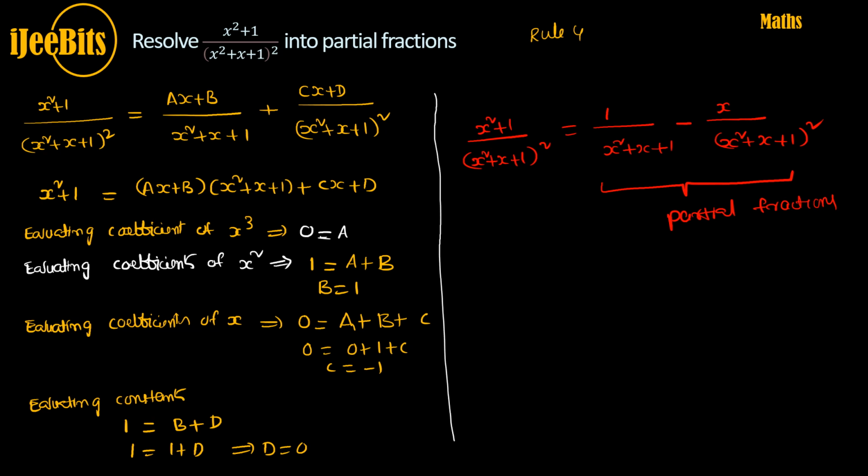This is clear, right? You are able to understand the complete process: how you identify which rule you have to apply, find the constants, and plug those values back into your generic partial fraction equation. That is your answer.